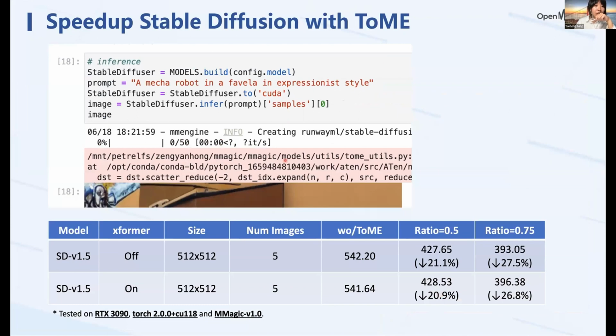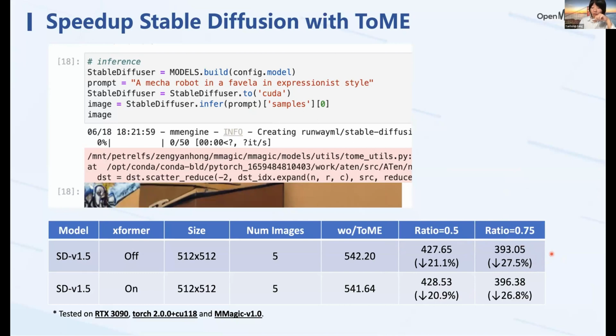So after modifying the setting, we use the same build and inference pipeline to sample a new sample. And here is a table to compare Stable Diffusion with or without ToMe, and also compare different merging ratios and their corresponding efficiency improvement.